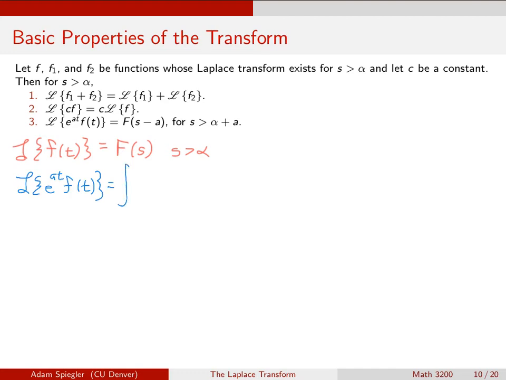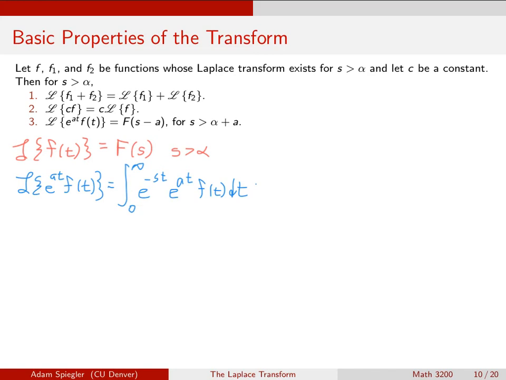Okay, and so using the definition of the Laplace transform, we've got this improper integral from 0 to infinity of e to the minus st times our function. And now the function we're taking the Laplace transform of is e to the at times f of t, dt.